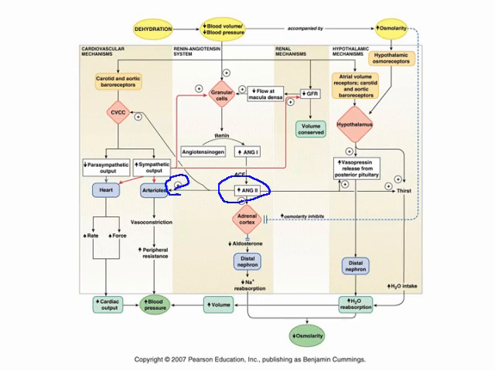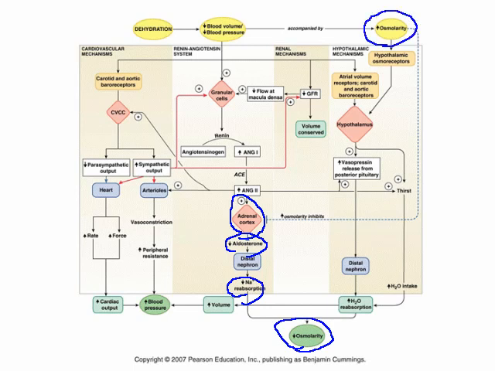Angiotensin 2 is also going to constrict the arterioles to increase blood pressure. Angiotensin 2 is going to stimulate the adrenal cortex and increase the release of aldosterone, which is going to increase sodium reabsorption, which is going to decrease the increase in osmolarity that resulted from this decrease in blood volume.